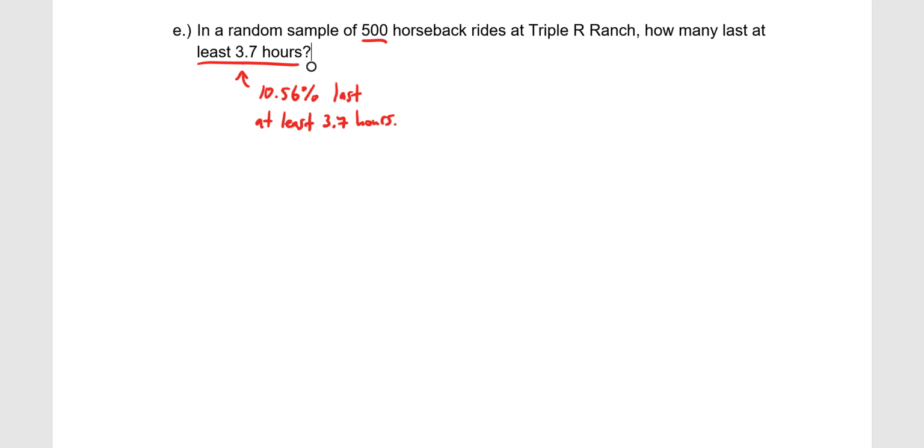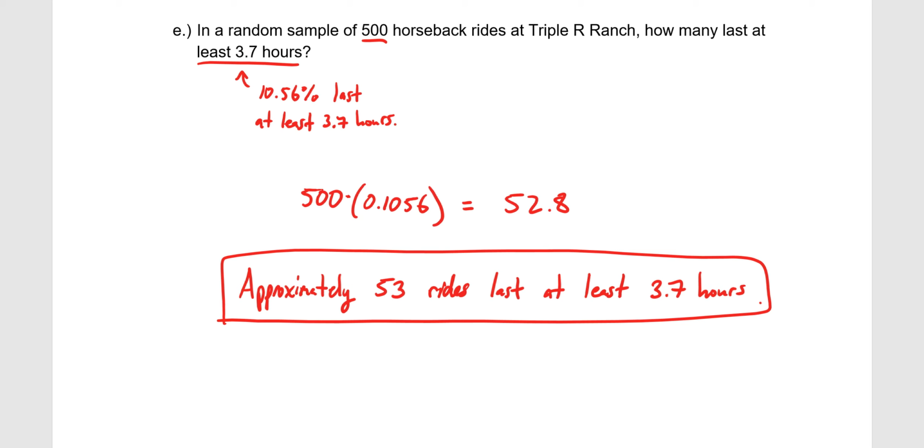So that's going to be 500 times 10.56% as a decimal, which is 0.1056, which ends up giving us about 52.8. Okay, and then just rounding that up a little bit to 53. Approximately 53 rides last at least 3.7 hours. Okay, so that is it for 12.5.